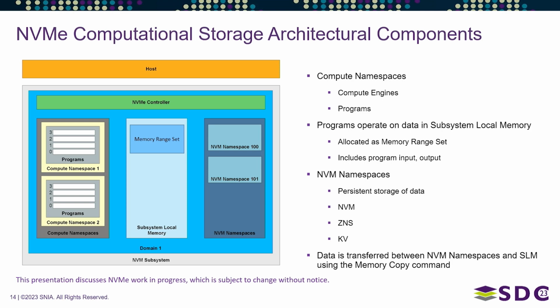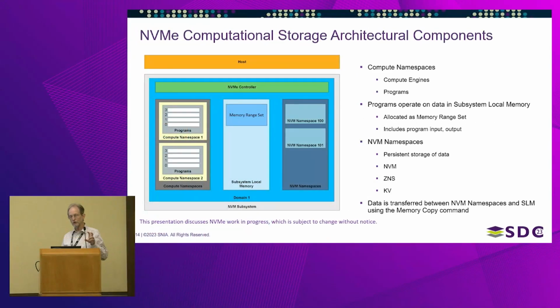Then we have NVM namespaces. NVM namespaces are a generic term that we have used to indicate the persistent storage of data, using either the NVM command set, the ZNS command set, or the key value command set.